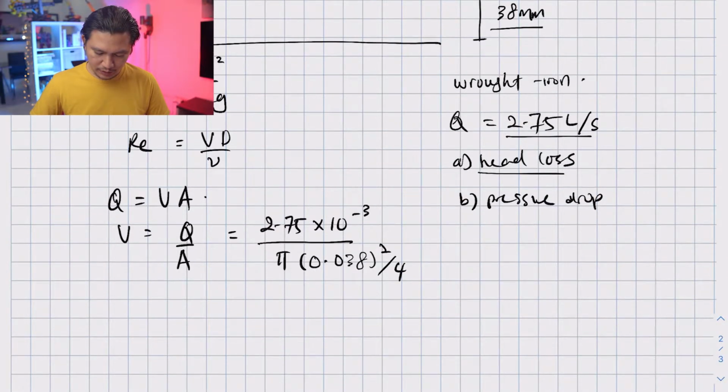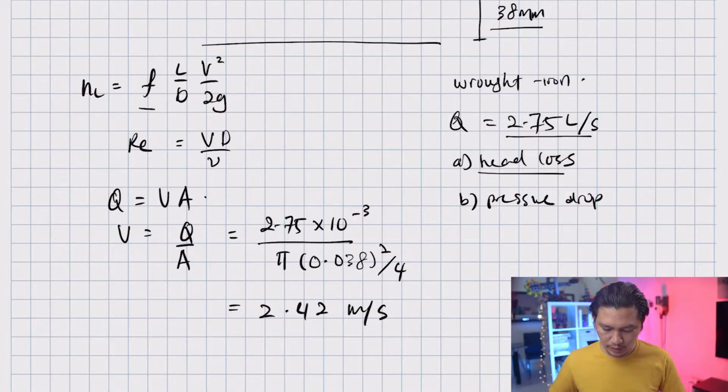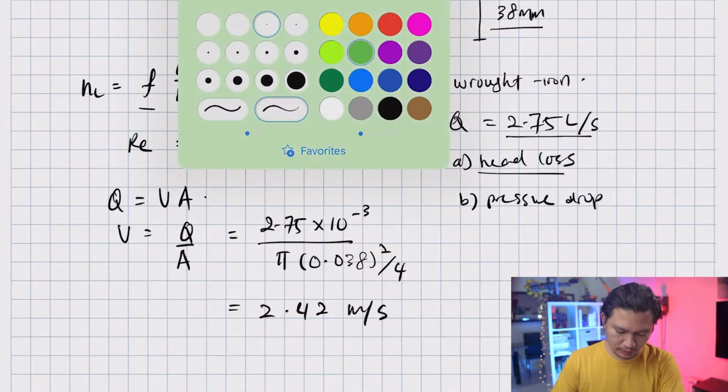And we get V equal to 2.42 meter per second.